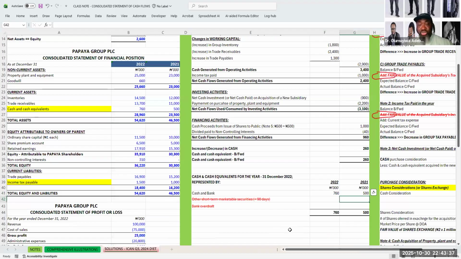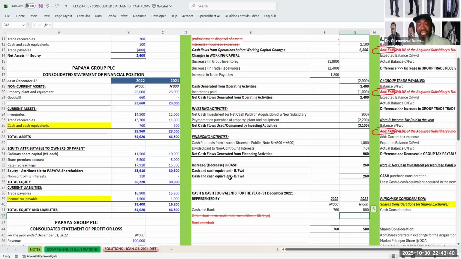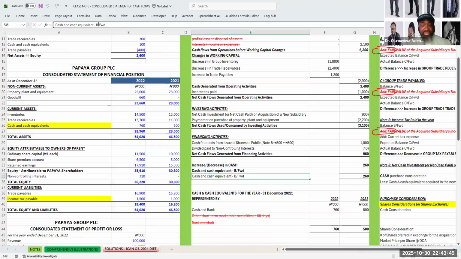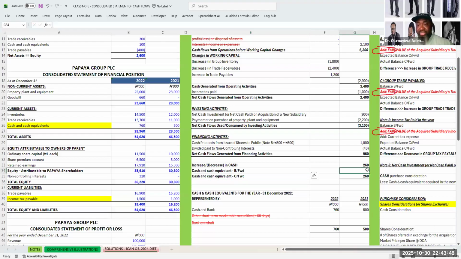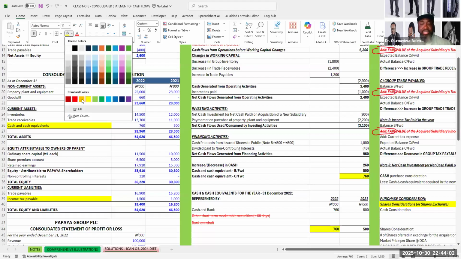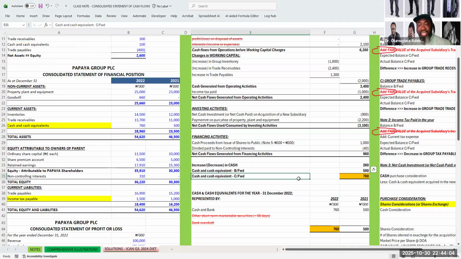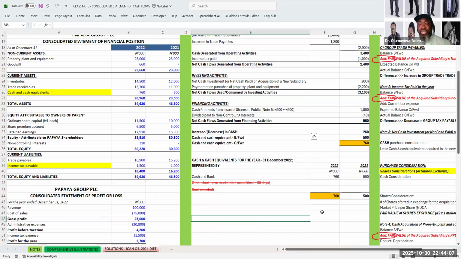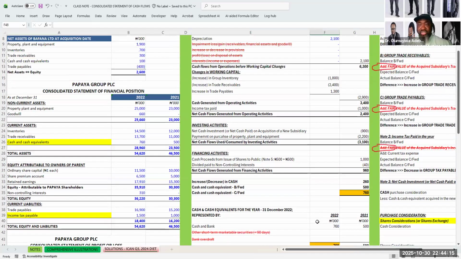Now, what I just need to do is to link my brought forward from my statement, and it must produce the same thing I have in my statement for carry forward. And this 760 must equal this 760. That is what you use to prove that you are able to explain to the nearest naira how you are able to generate 760 from 500 at the beginning of the year. And that is just the position, as the case may be.